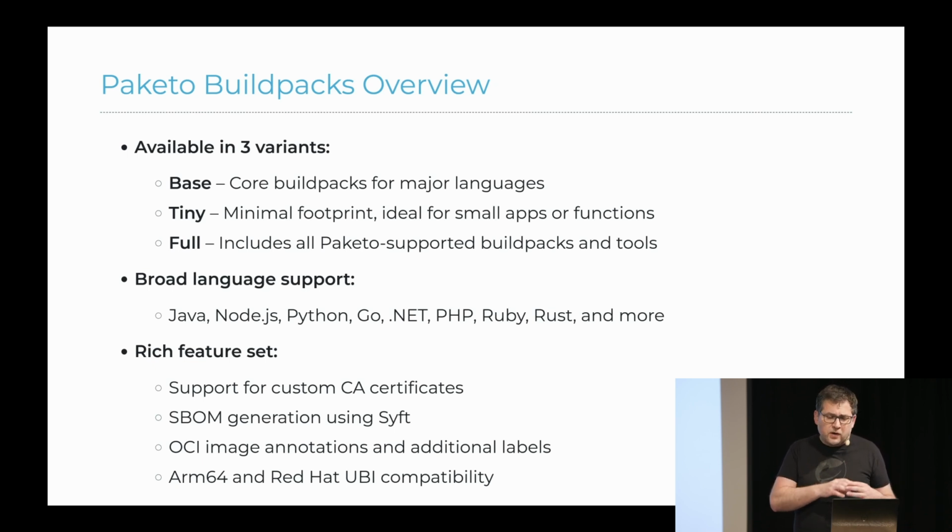It would be also nice for Go applications or for native applications, for example. The full one contains lots of tools in there, and would be for something which is using all these things. So you can check this best actually in the documentation from Paketo to see where your programming language or your platform fits best.